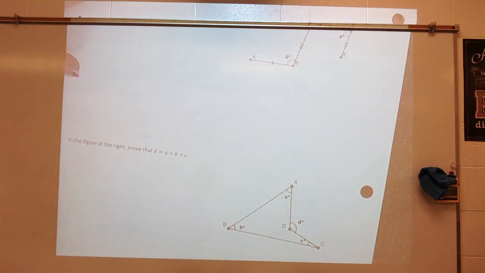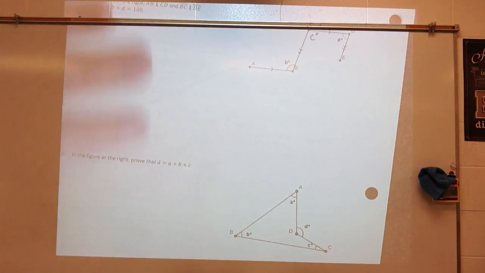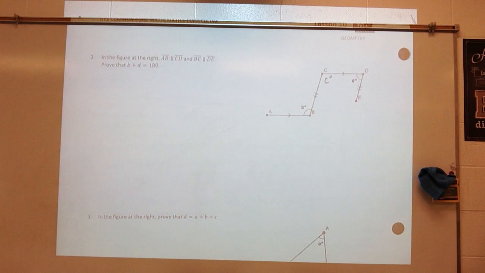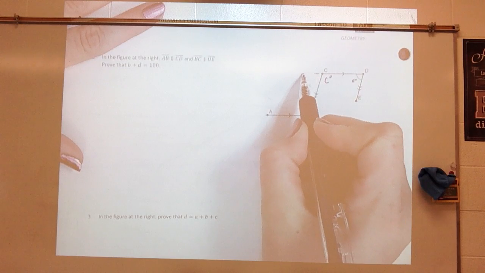So here's what I would do. I would give this a C. I would give this a letter because we're going to need it. So label your C degrees. Once again, you can extend if you want.